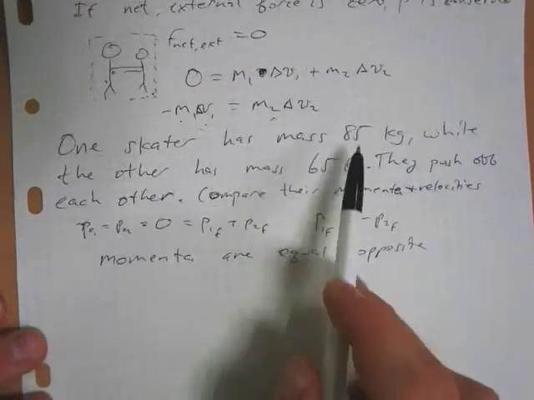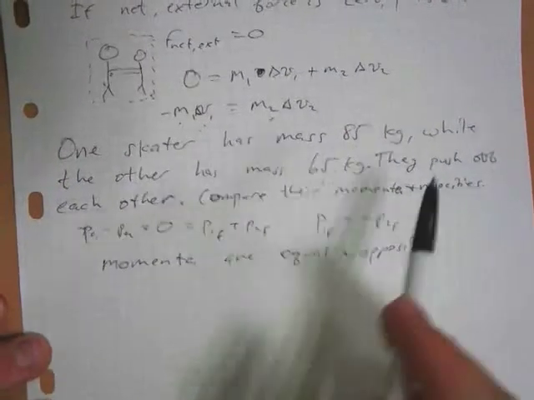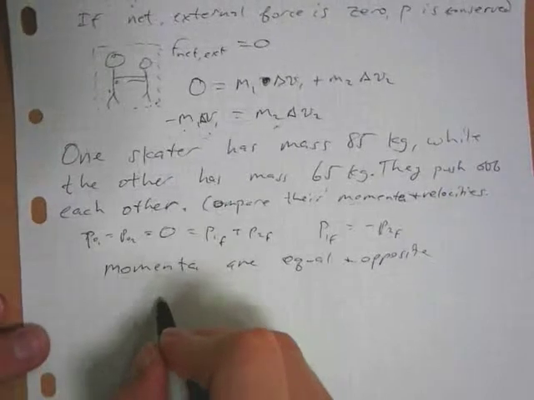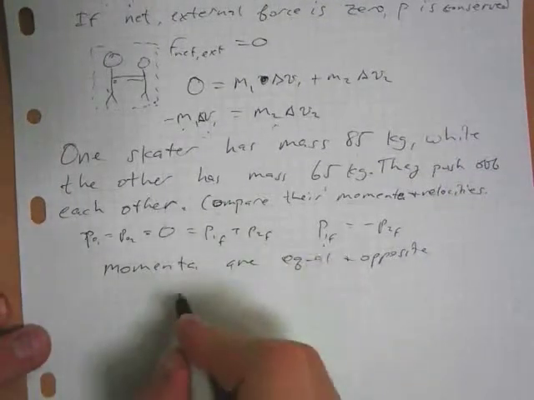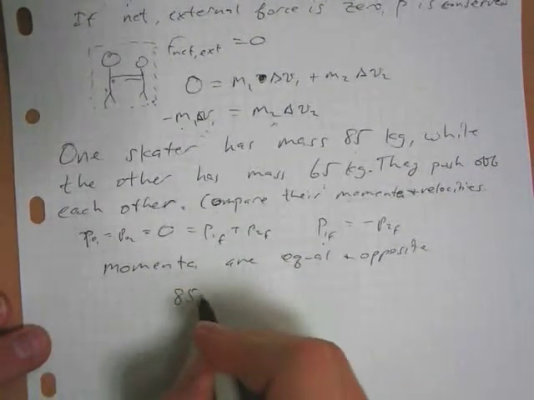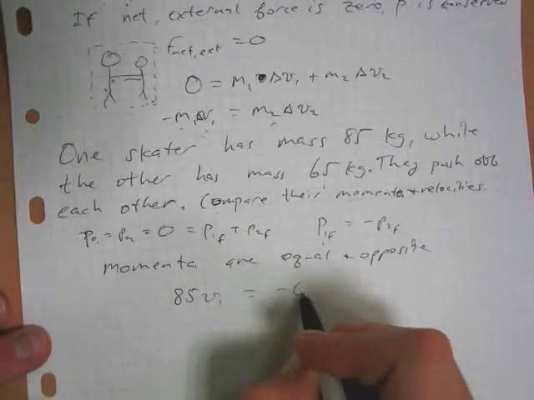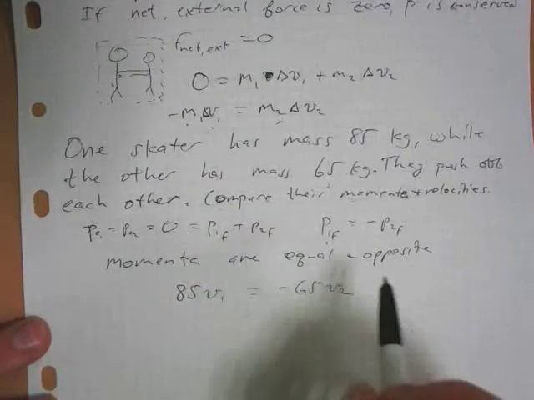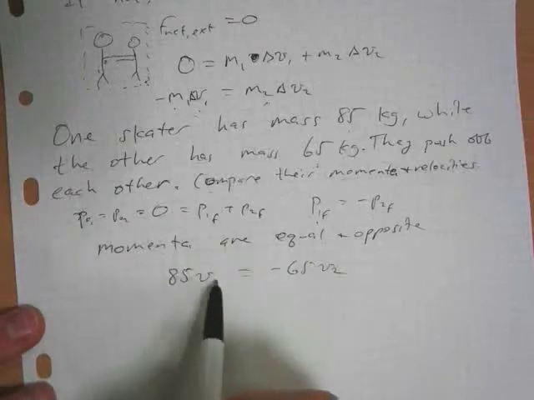Now, what about their velocities? Well, one has a mass of 85, one has a mass of 65, so let's say that person 1 is the 85, and both of their initial velocities were 0, so we just have their final velocities here.